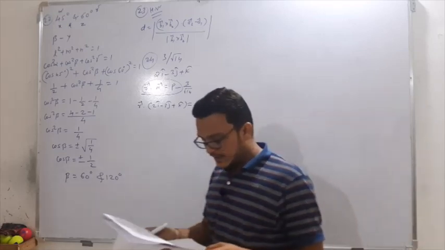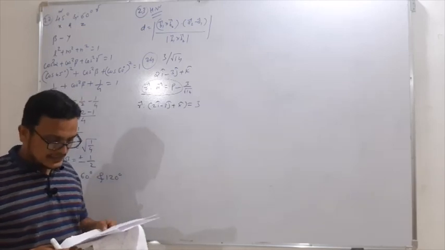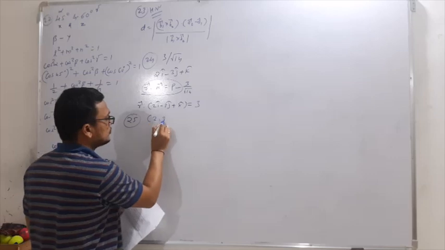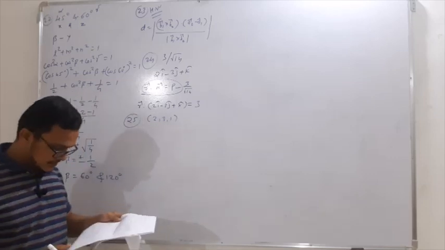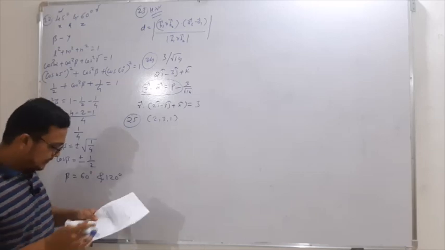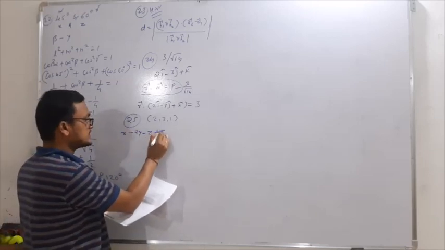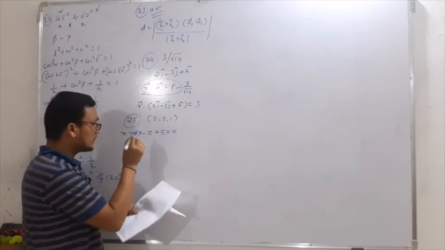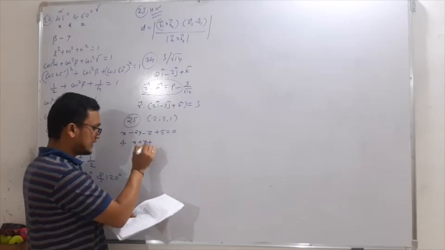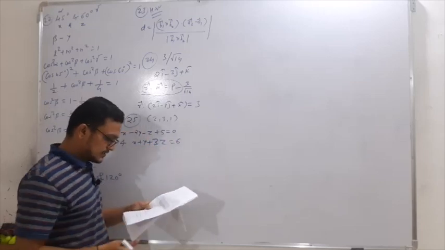Next, question number 25. Equation of a line passing through the point 2, 3, 1, and parallel to the line of intersection of the planes x minus 2y minus z plus 5 is equals to 0 and x plus y plus 3z is equals to 6.